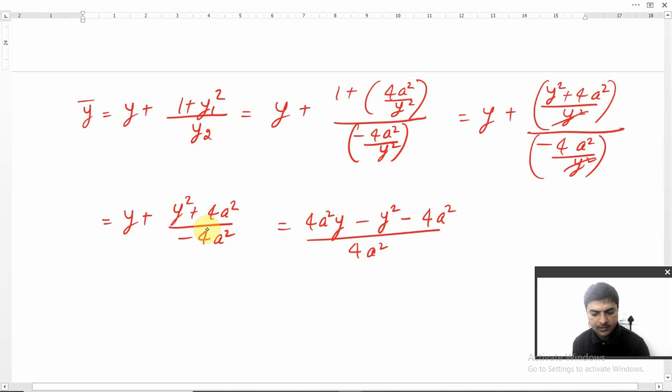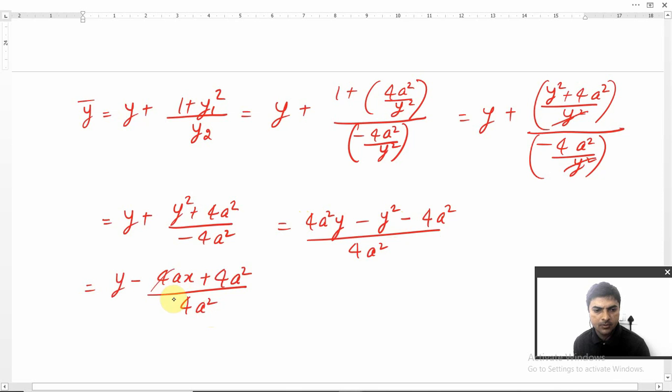Now you can simply substitute what y square is. y square is nothing but 4ax. So directly you can write it here also, if you remember. Instead of solving this, directly take y minus 4ax plus 4a square divided by 4a square.